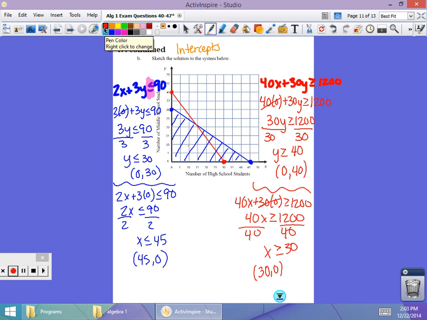Then looking at the money constraint, the red line, if ax plus by is greater than or equal to 1200, you're going to shade above the line. The solution set is in between where you have the blue and red colored in. So it's that purple area.